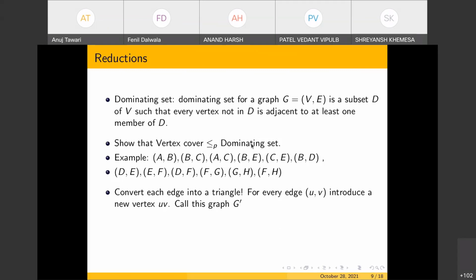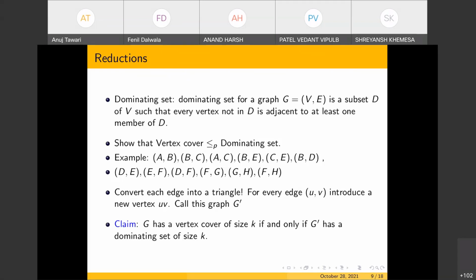Now we want to formally prove that if I can find a dominating set in this graph G prime, then I will also have a vertex cover in the original. I'll show you how to prove these things, and then you can try a couple of examples on your own.